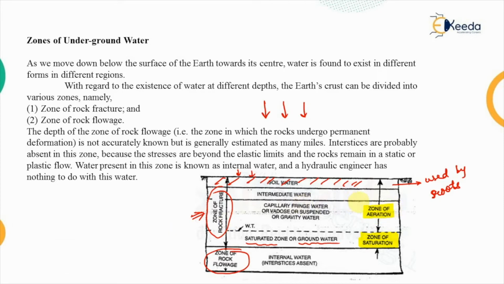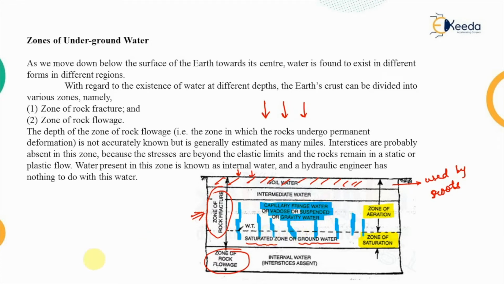Now this zone of aeration is further classified into three categories. Because of the small cylindrical tubes which are forming because of the voids of the rocks, there will be certain upliftment of the water up to a certain region, and that region where the water is present through the fringes is known as the capillary fringe water, or the Vadose region, or the suspended or gravity water.